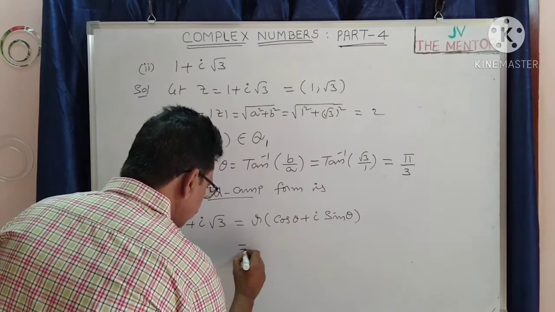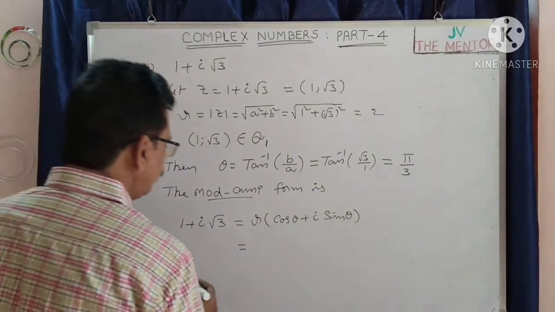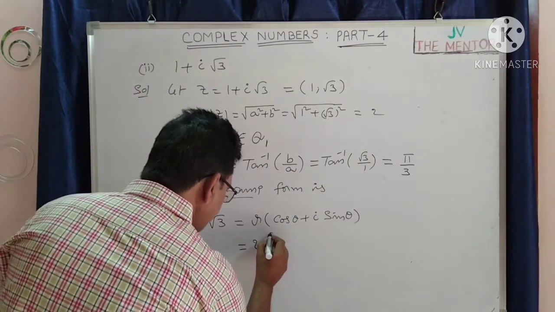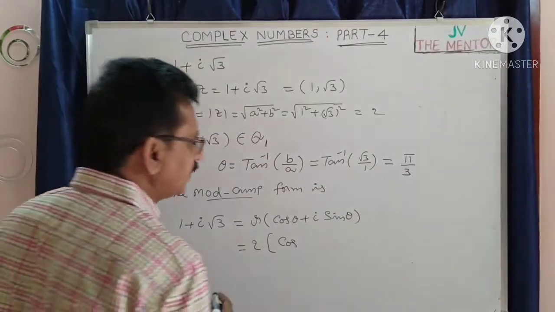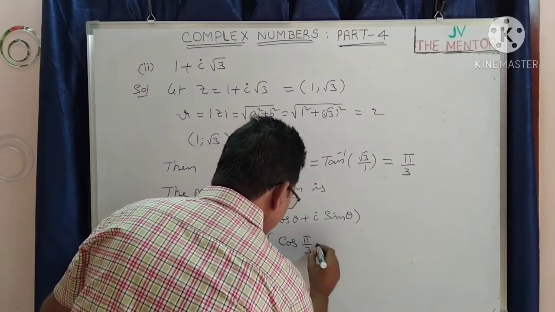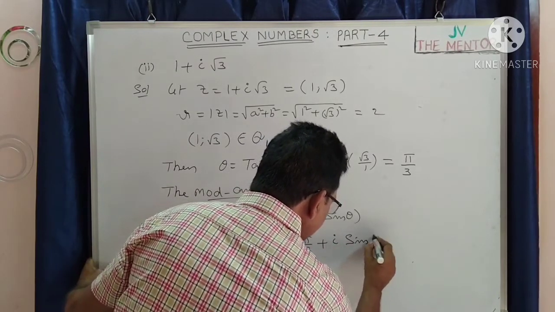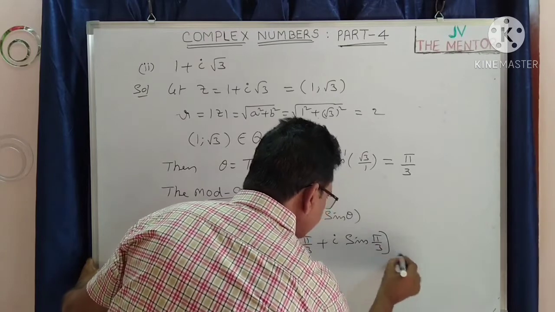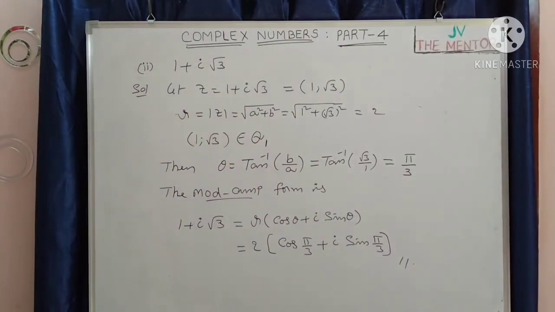Now substitute the values of R and theta. What is the value of R? 2 into cos theta, here theta is pi by 3, cos pi by 3 plus I sin pi by 3. This is the modulus amplitude form. Okay. Is it clear? Write down.